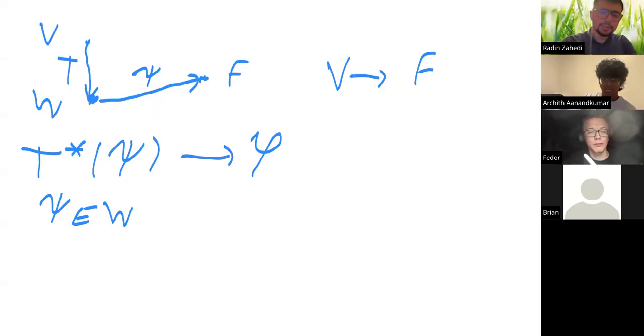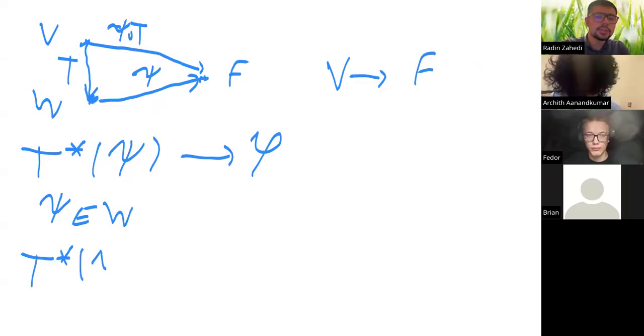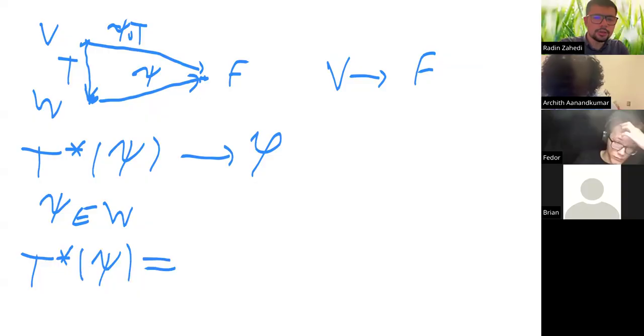So, okay, in fact, it quite follows from the diagram we have here. Let's just compose these two maps, and that just gives us a linear map from V to F, right? So we might want to define for each psi, T star of psi as just merely psi composed with T.